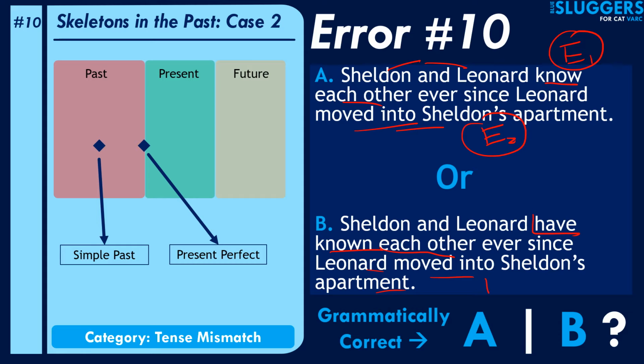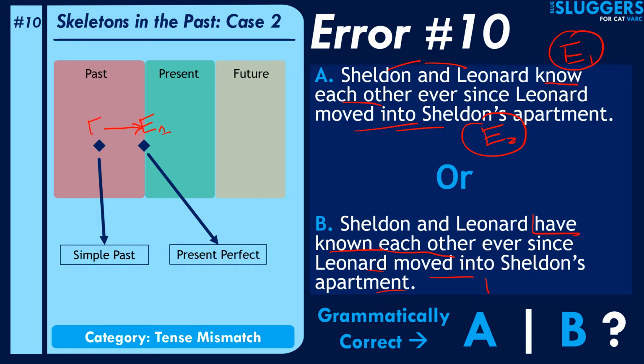Now, the way we can put these events on the timeline is that this would be your event one, Sheldon and Leonard knowing each other. They have known each other since this event started some point in the past and has continued up until now, right in the present. It's still currently continuing, right? Ever since when?